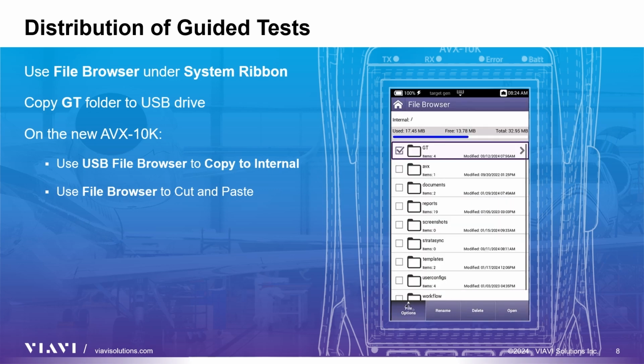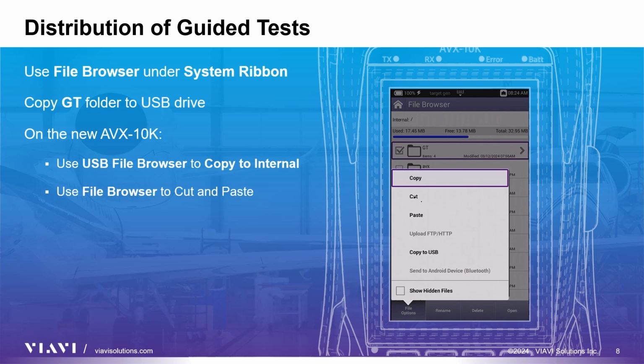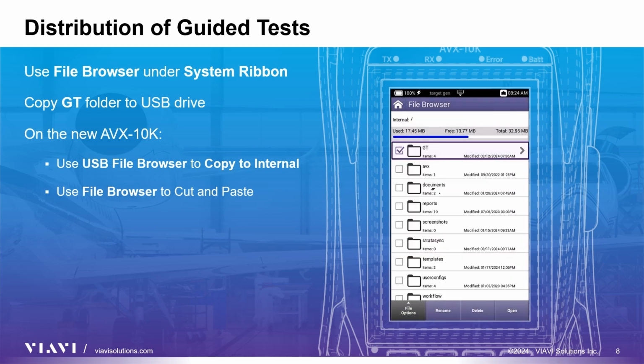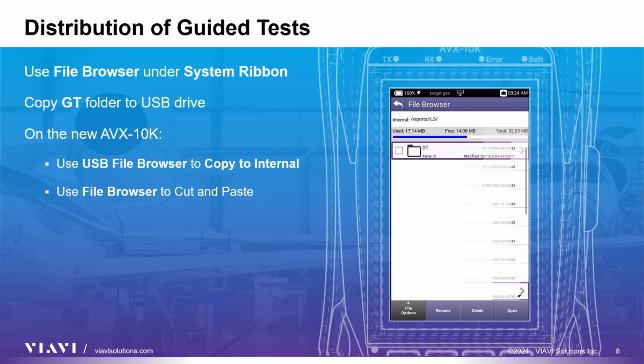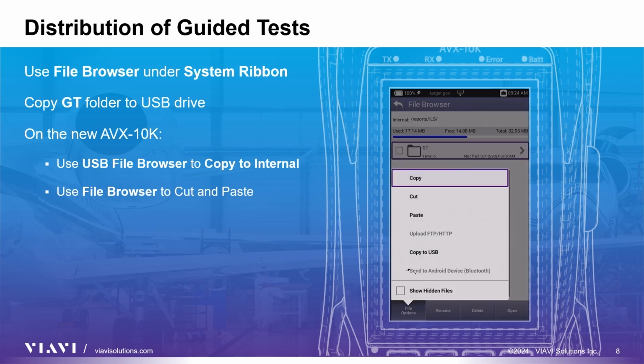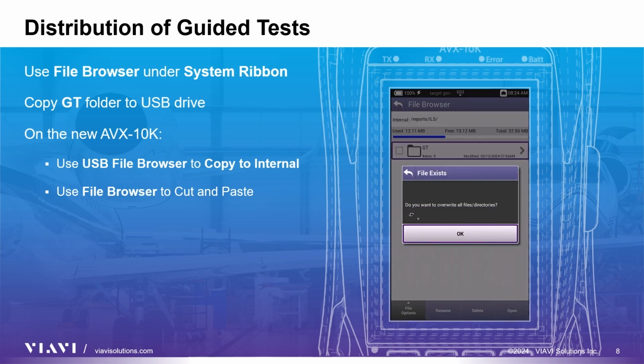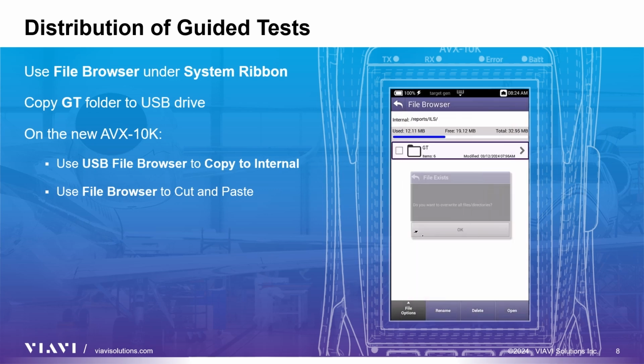Select the GT folder, File Options, and then cut. Navigate to Reports, ILS. Select File Options, and paste. All guided tests will now appear on the guided test menu of the updated AVX.